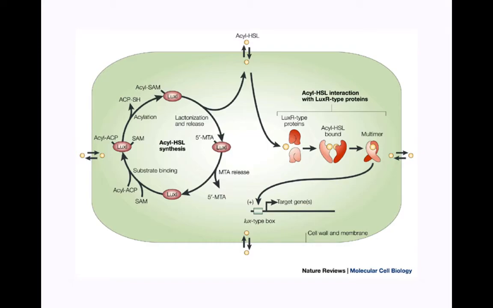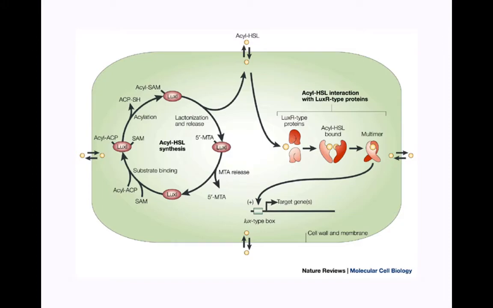The homoserine lactone can come back in, and I like this slide because it shows, I think, more accurately the way the LuxR type proteins are activated. It's not a matter of them going from spherical to square, as in the previous slide. In reality, and this happens a lot in the activation of transcription factors, they become multimers. These LuxR proteins exist, when they're not bound to homoserine lactone, as individual proteins that cannot bind to DNA.